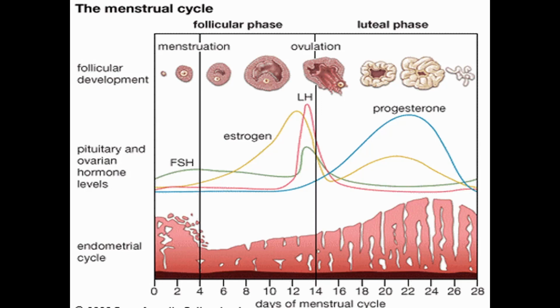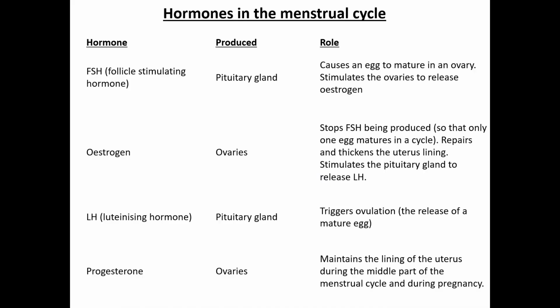So no ovulation occurs again. Alright, so I've already said it. FSH basically means follicle stimulating hormone, and LH is luteinizing hormone. Same thing I said just now. You can have a look again.